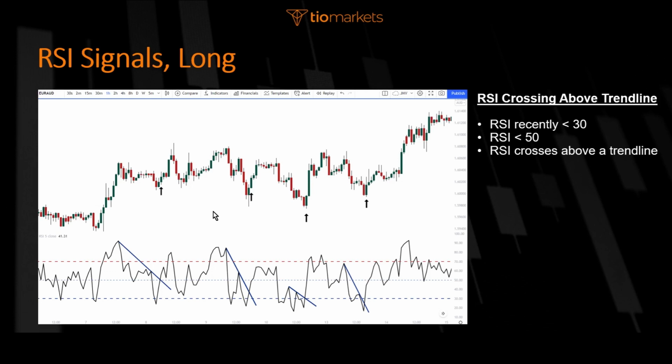Now, with this one, you need to be a bit of an artist. You need to train your eye to see what's relevant and what's not. But as we talk about all of this in the context of different market regimes, i.e. ranges and uptrends and downtrends, this helps you to understand what kind of trend breaking signal in RSI is a valid one.